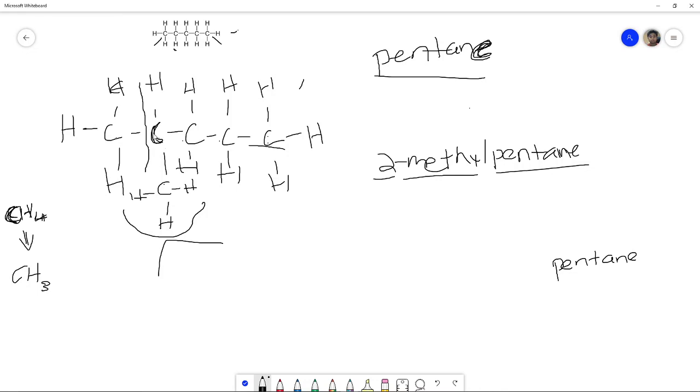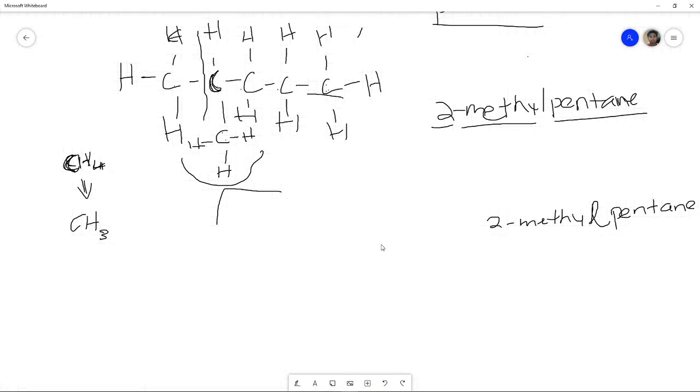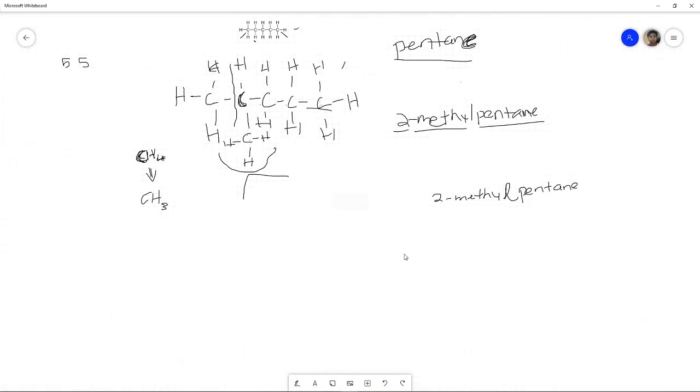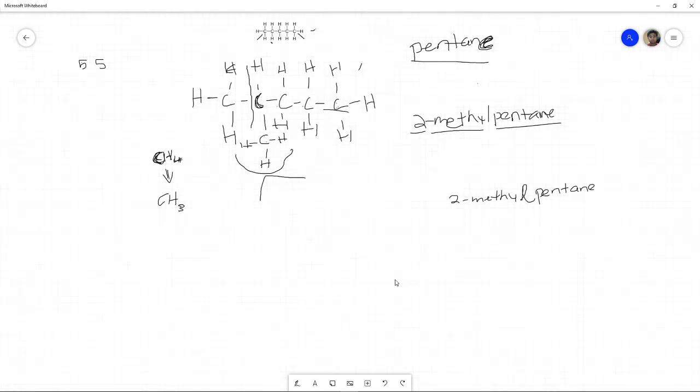This carbon is the second carbon if we start from this end, or the fourth carbon if we start from this end. And as I mentioned before, we always want the smaller number, so it's the second carbon. As you can see, the name still stays the same. It's still the same structure, therefore it makes sense for it to have the same name. So now we have 2-methylpentane.